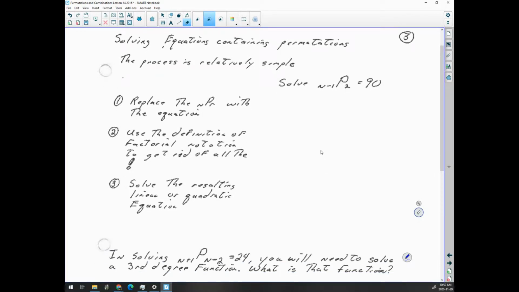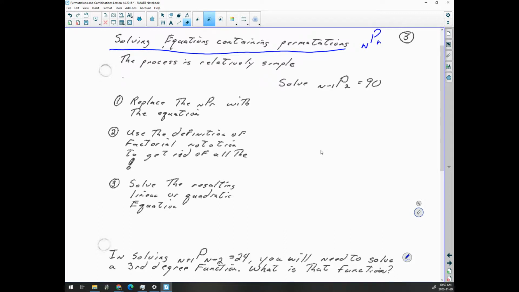What happens when I give you permutations and I want an equation? Now, I hope I fixed this one already, because I know in the past this is not going to be solvable, but I think this one is. Basically, n minus 1 pick 2 is equal to 90. Now, that's just annoying. Well, here we have a formula.